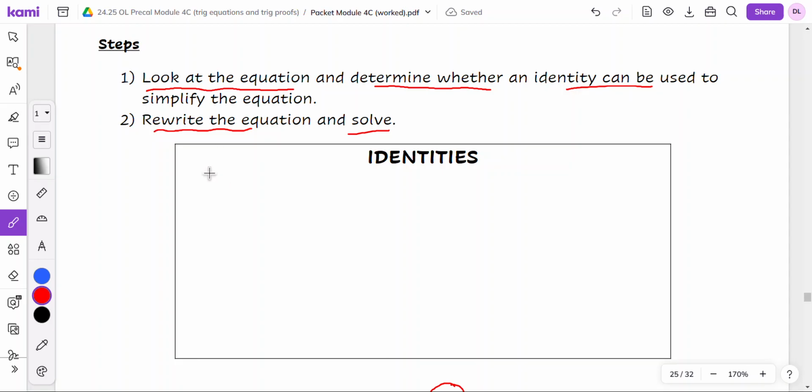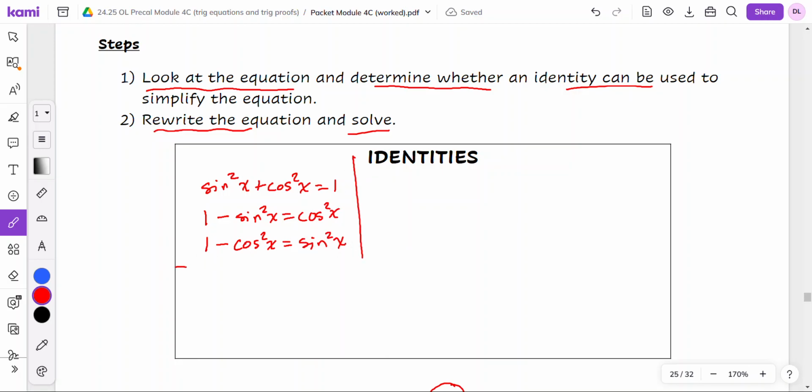The identities that we happened to use in this one was sine squared of x plus cosine squared of x is equal to 1, which means that 1 minus sine squared of x is cosine squared of x, or 1 minus cosine squared of x is equal to sine squared of x. Those are Pythagorean identities that are very common.